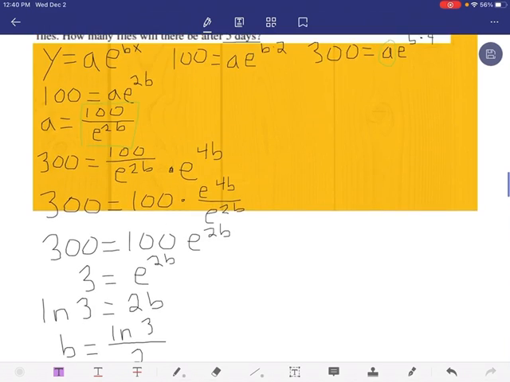Now what we want to do is plug that back in so we can solve for a. So we know that a is equal to 100 divided by e to the 2b. Well, now we know what b is.